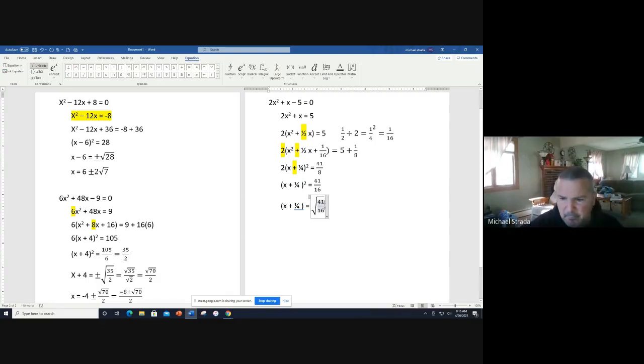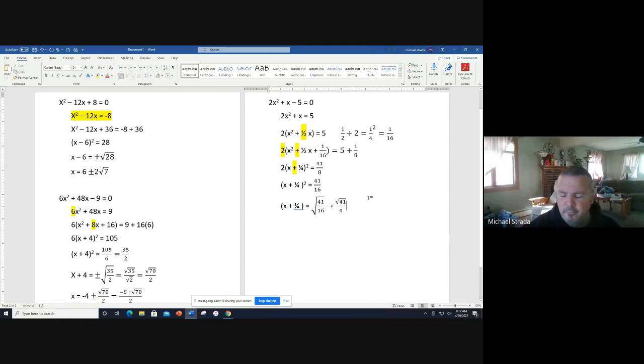The good thing about this one is we're not going to have to worry about rationalizing the denominator because 16 is a perfect square. So when I write it simplified, the square root of 41 over 4, because the square root of 16 is 4.